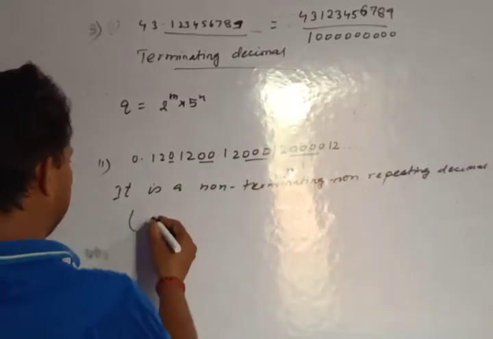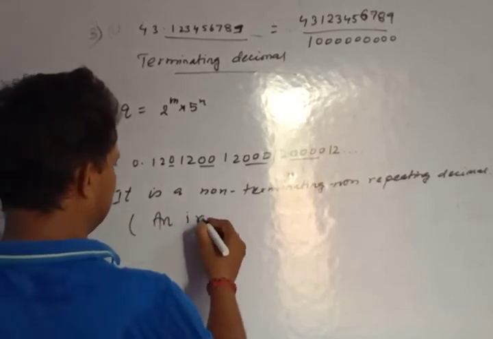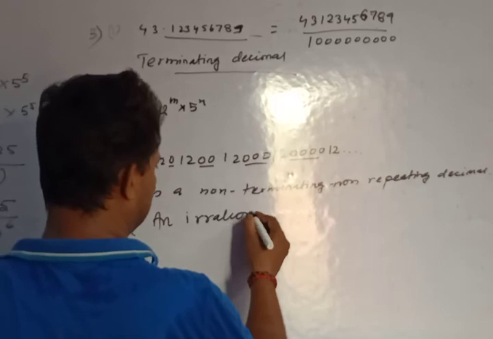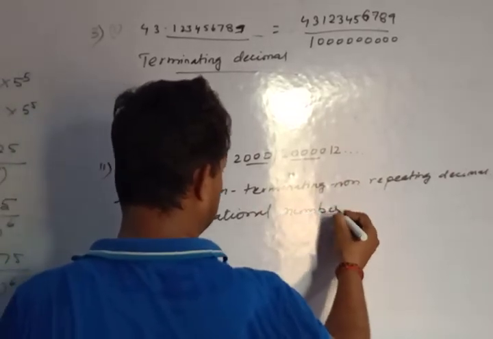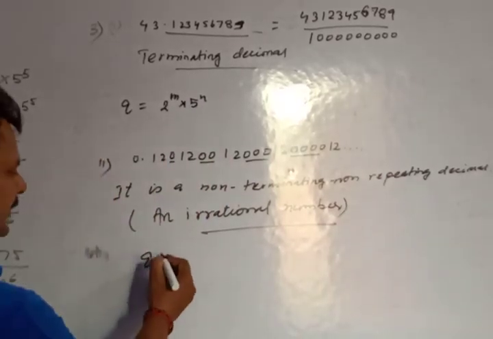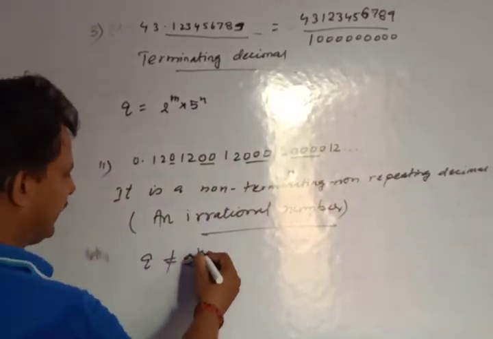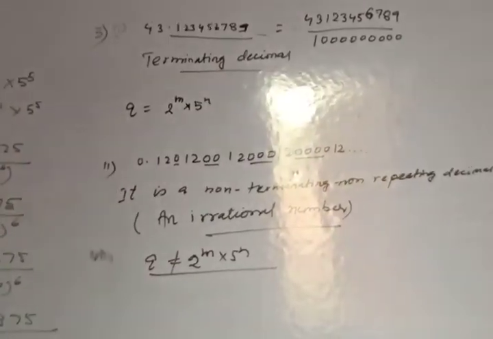It means it is an irrational number. If it is an irrational number, we can't express q in the form of 2 to the power n into 5 to the power n. Thank you.